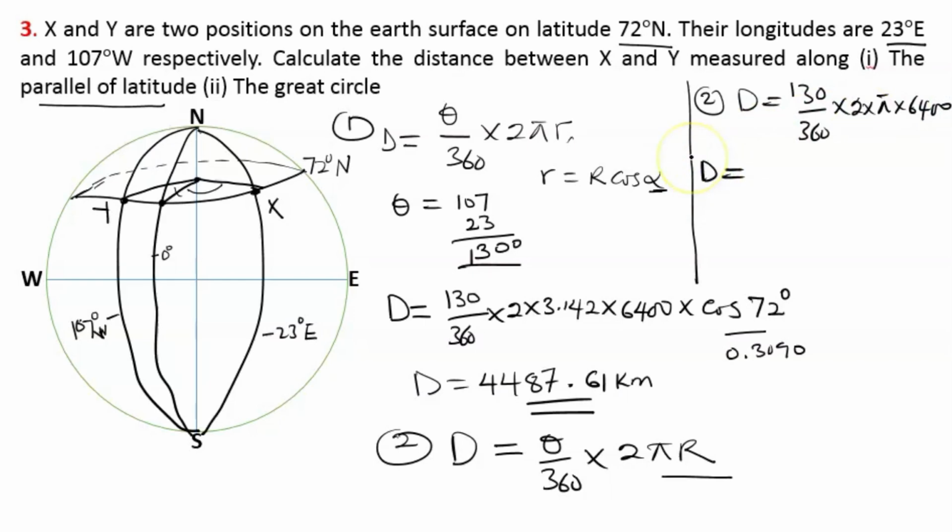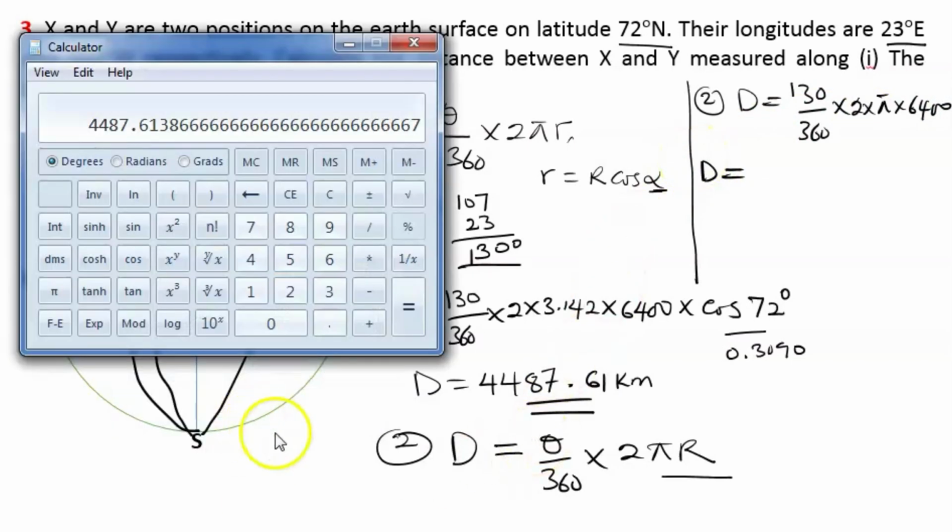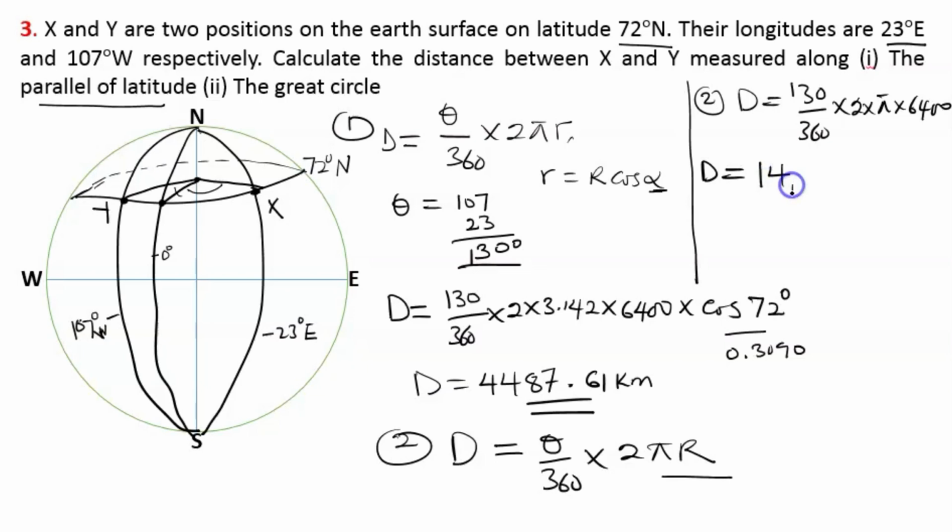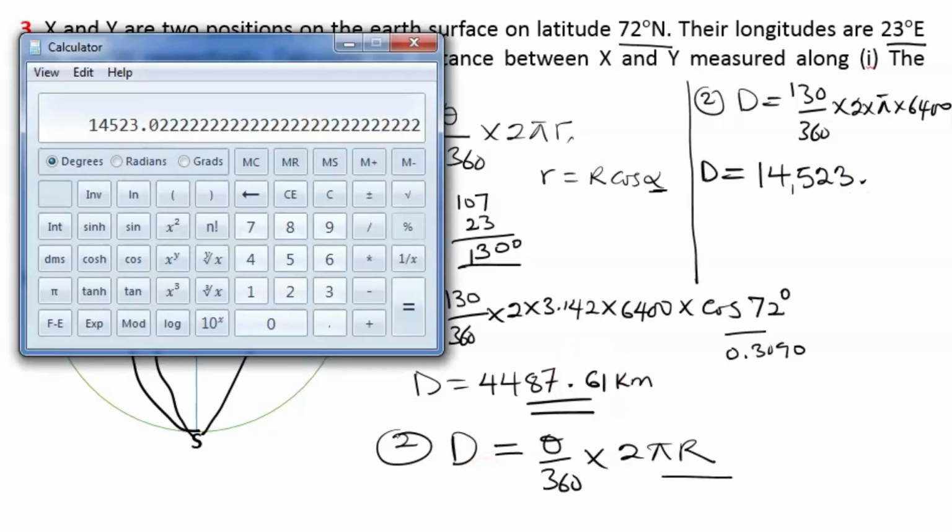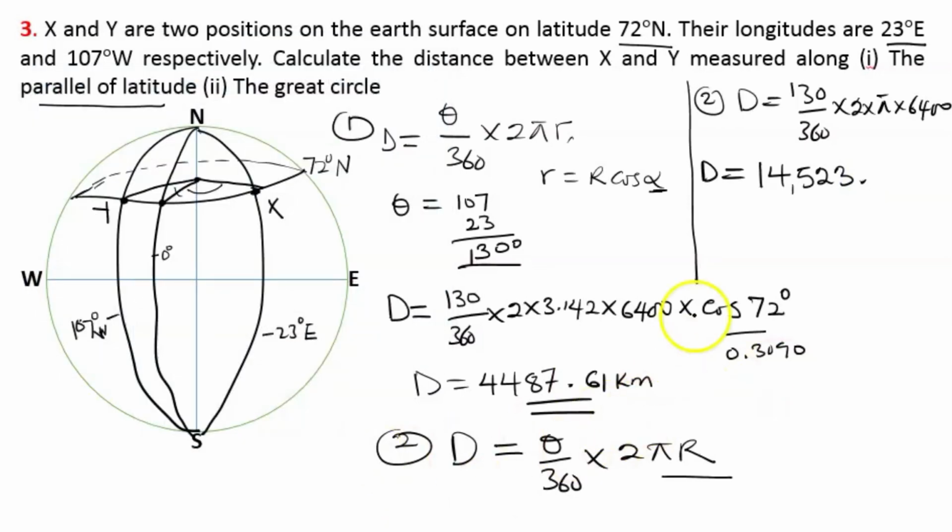So when we do this with our calculator again, we have 130 divided by 360 multiplied by 2 multiplied by 3.142 multiplied by 6400, and that's going to give us 14,523.22.